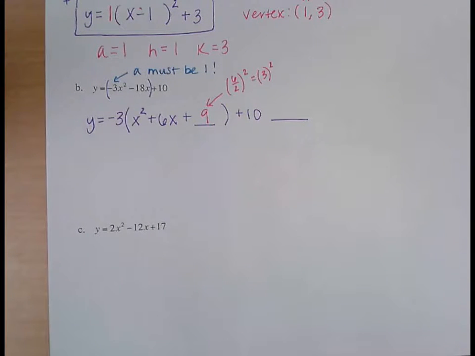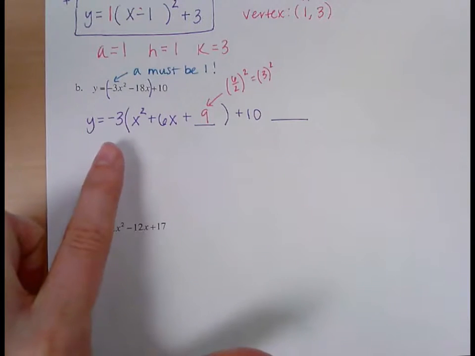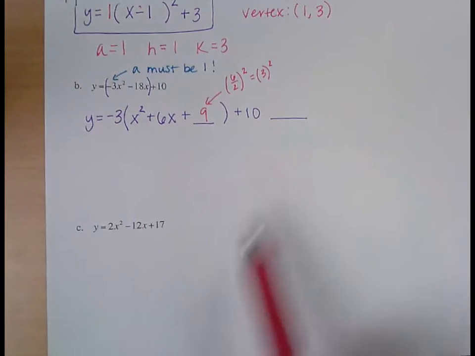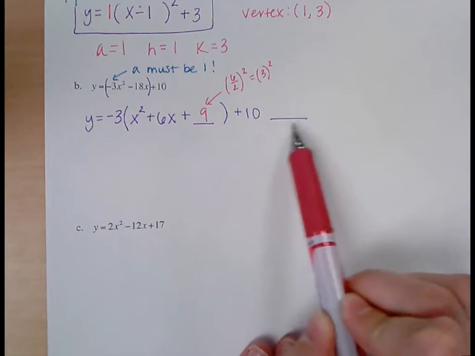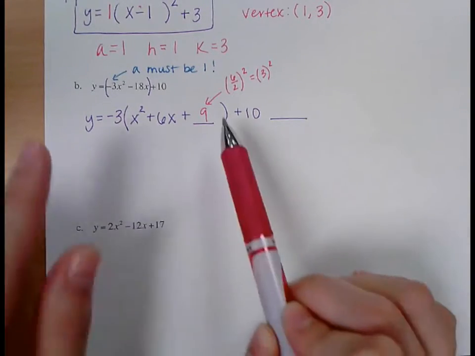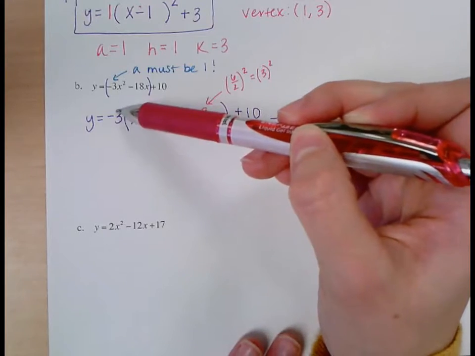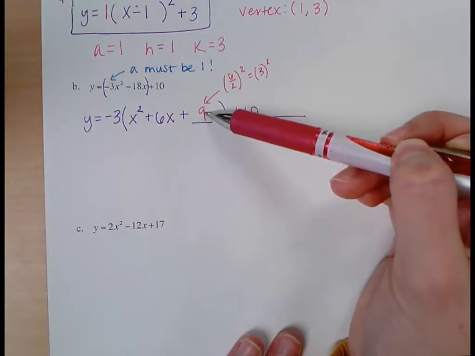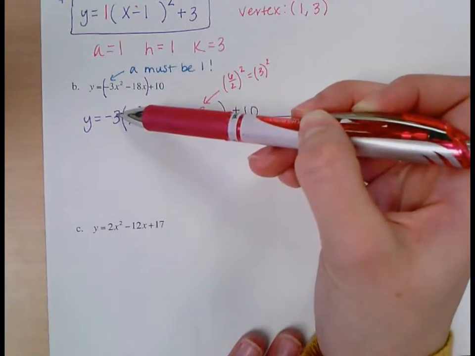And another difference, again, it still ties into your a value being negative 3, is that to balance this out, I'm not putting 9 here, or negative 9. Even though I'm not going to redistribute the negative 3, this 9 is still in parentheses that's being multiplied by negative 3.